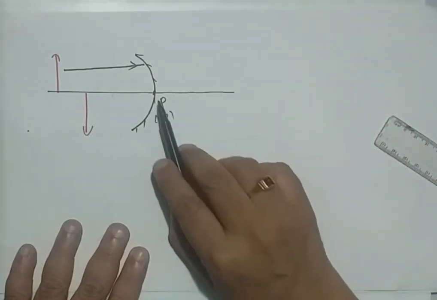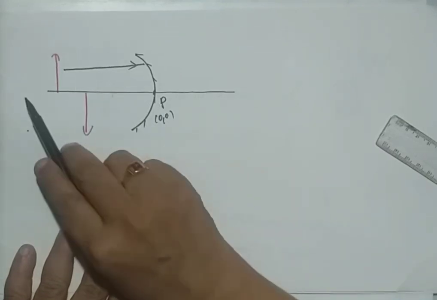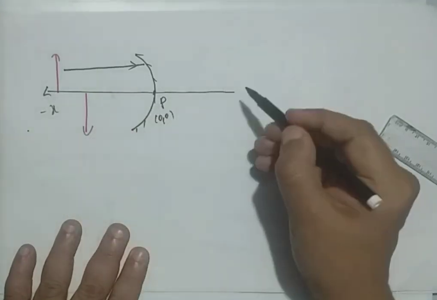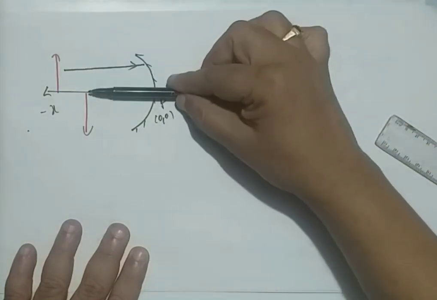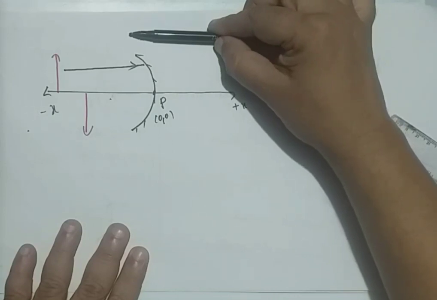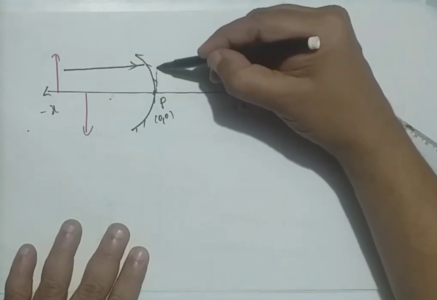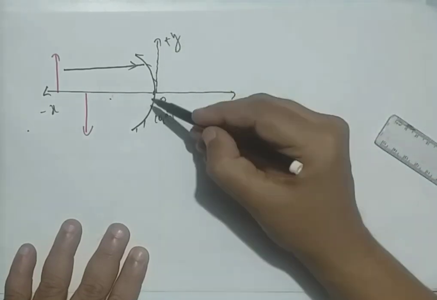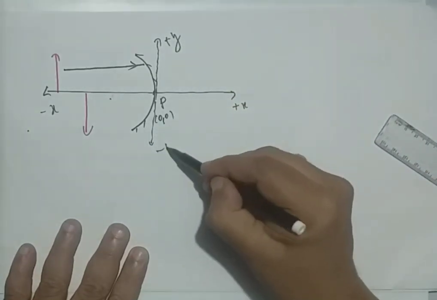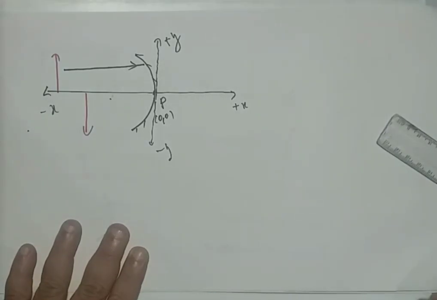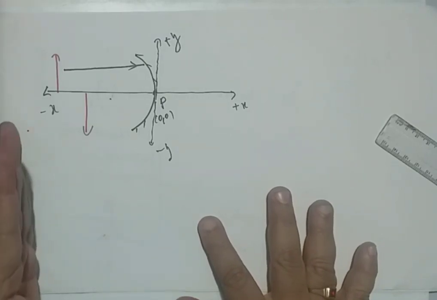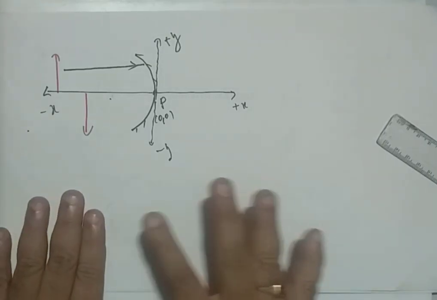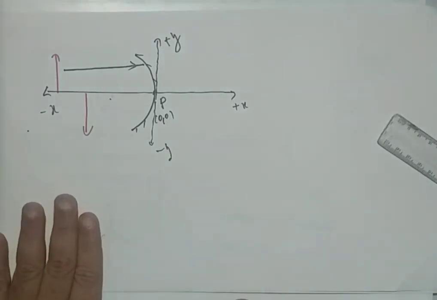To the left of the pole is the negative x-axis, to the right of the pole the positive x-axis. Above the principal axis from the pole is the positive y-axis, and below the pole is the negative y-axis. Therefore, to keep a correlation between these two sign conventions, we always draw the incident beam from the left side towards the right.